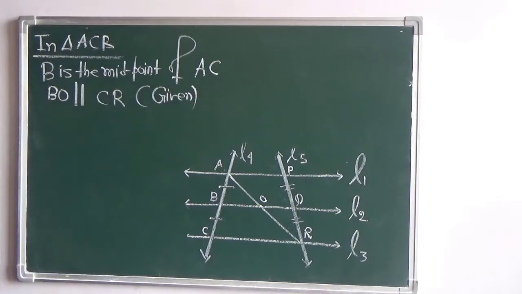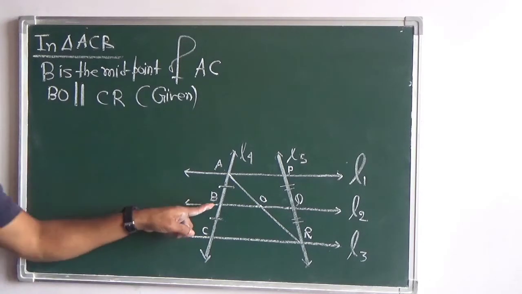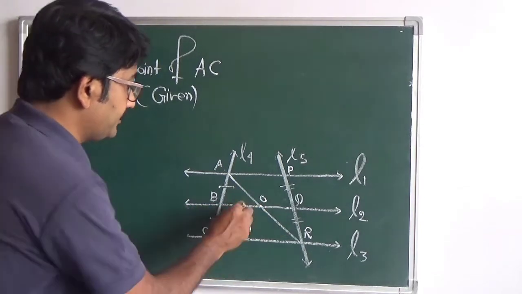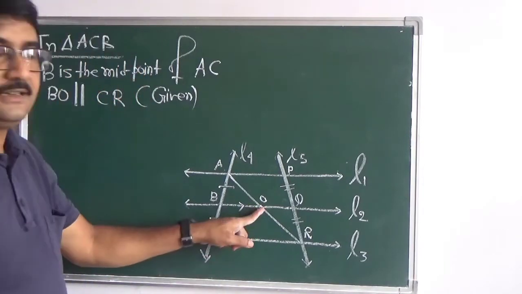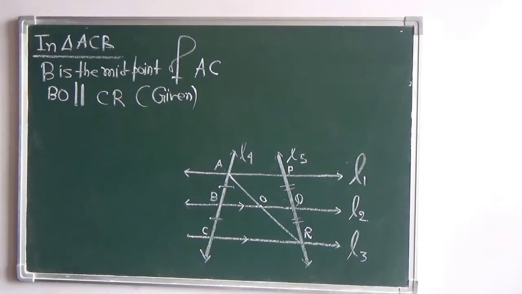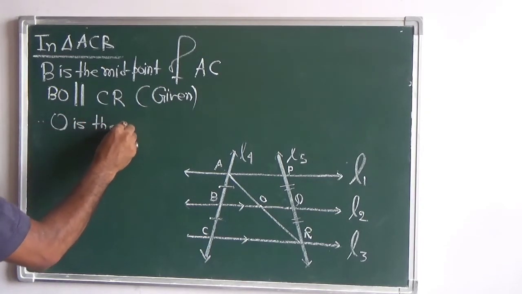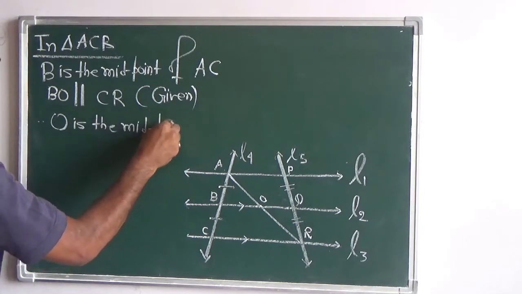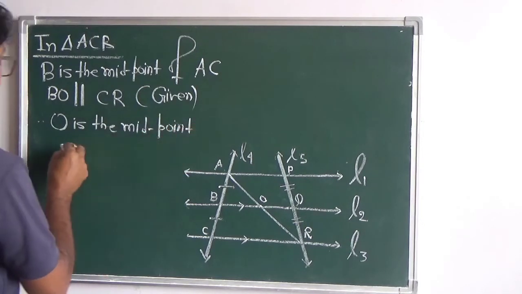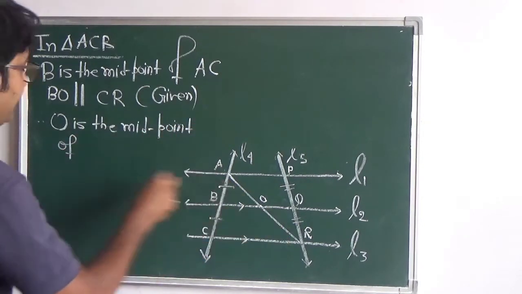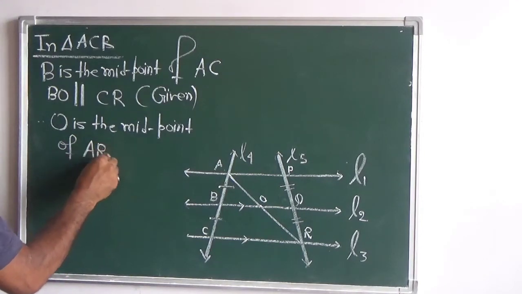So according to the converse of the midpoint theorem, if B is the midpoint and BO is parallel to CR, then O is the midpoint of the side AR of the triangle ACR.